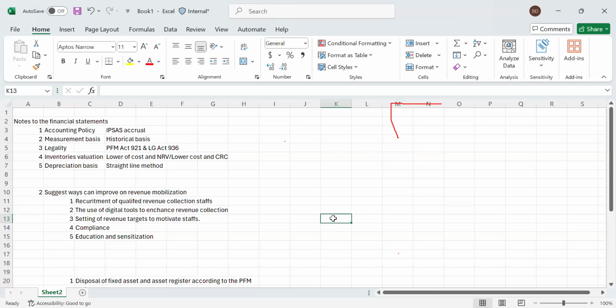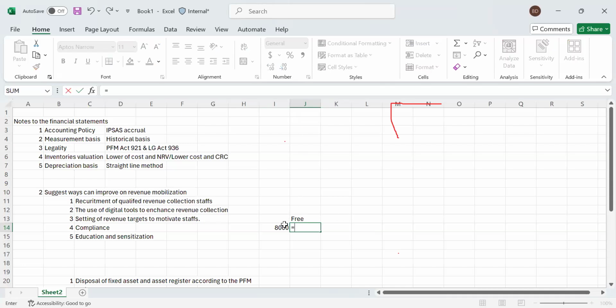Inventory at 31st December, 8 million. It comprises two categories. Inventory held for use in the provision of free medical service is 20% of the cost. So the total cost is 8 million, and this times 20%.